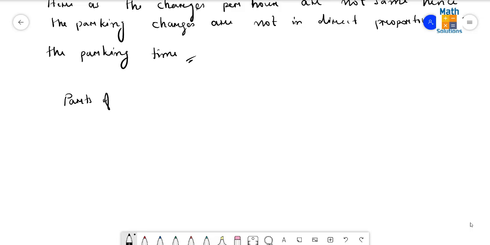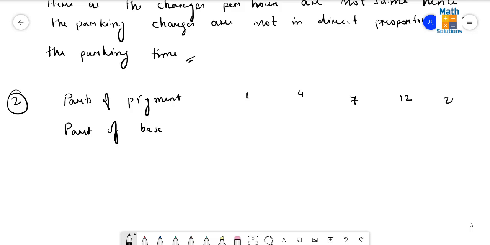This is question number 2, parts of pigment, and second is parts of base. So here in this case, what values we get? 1, 4, 7, 12, 20. And here I get 8. The rest of the places are blank.